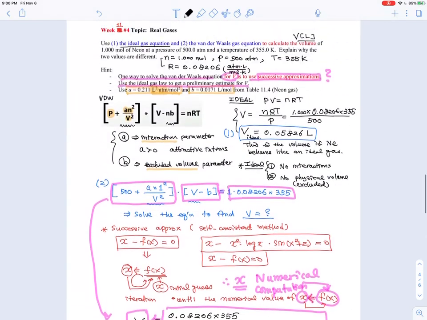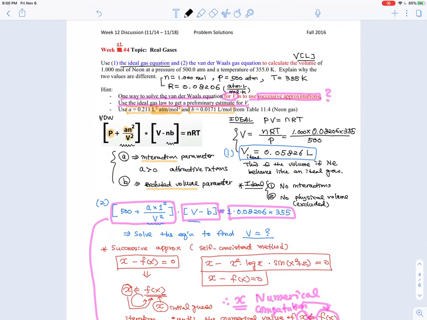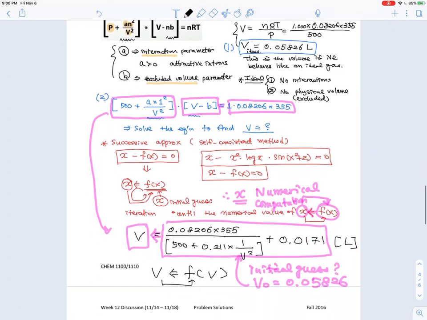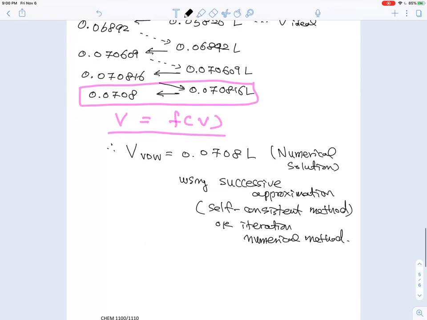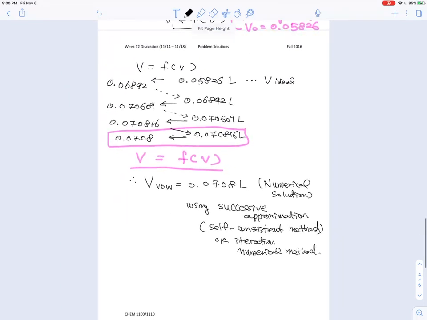So let's go back to the problem here. Explain why those two values are different. Okay, that's a different value because they occupy a different volume. Particularly, the van der Waals gas has a physical volume, which is their excluded volume.